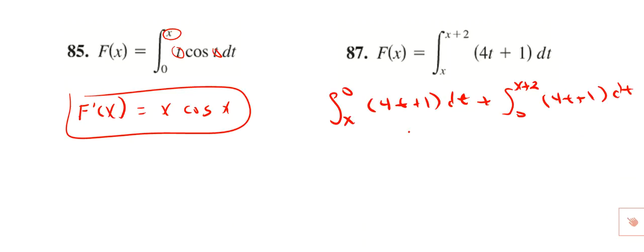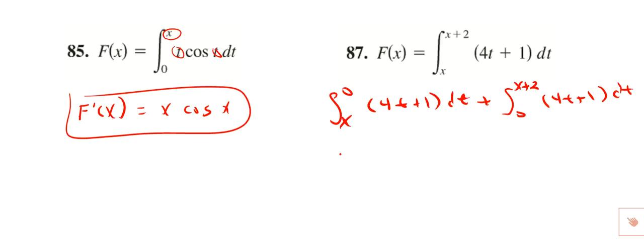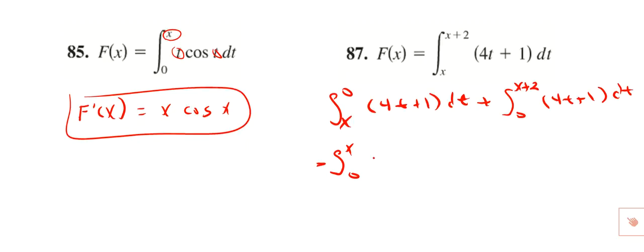Now remember, in our general form, the integral was from some number to x. So looking at this first part, where we have from x to 0, we want to get this lower bound and upper bound flipped. And remember, when we do that, we just put a negative out in front. So negative the integral of 4t plus 1 dt, plus the integral from 0 to x plus 2 of 4t plus 1 dt.